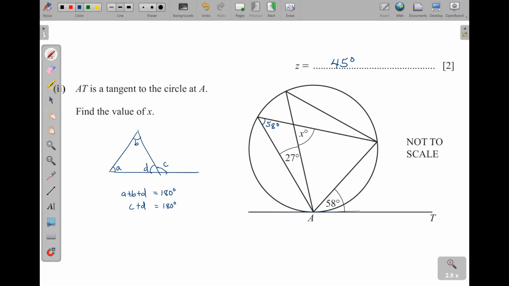So I can equate these two because this is 180 and this is 180. So that means I can have A plus B plus D is equal to C plus D. You see that? So D can go. Do you see that A plus B is equal to C? All right. So the exterior angle property: the sum of the two interior opposite angles is equivalent to the exterior angle.